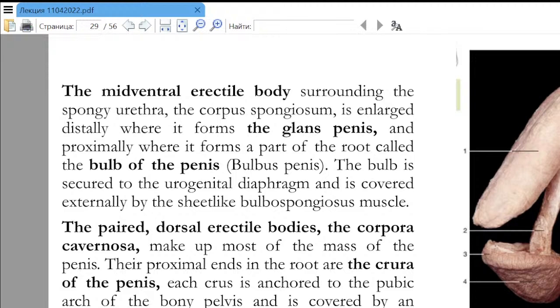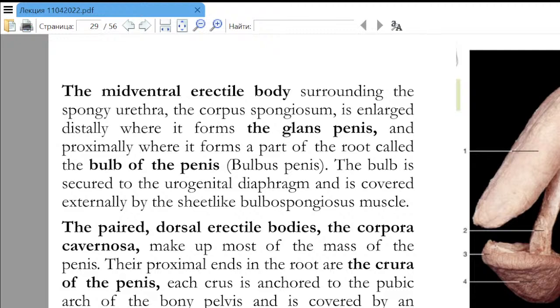The corpus spongiosum is enlarged distally where it forms the glans penis, and proximally where it forms part of the root called the bulb of the penis, bulbus penis. The bulb is secured to the urogenital diaphragm and is covered externally by the sheet-like bulbospongiosus muscle.